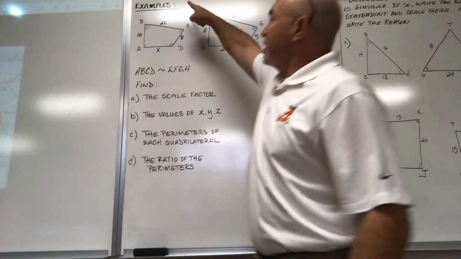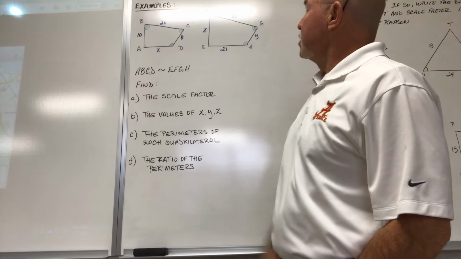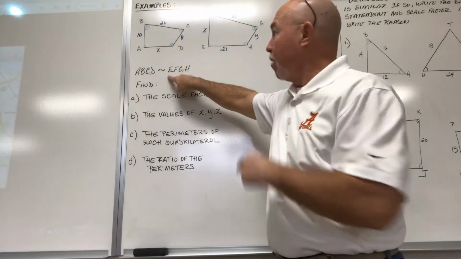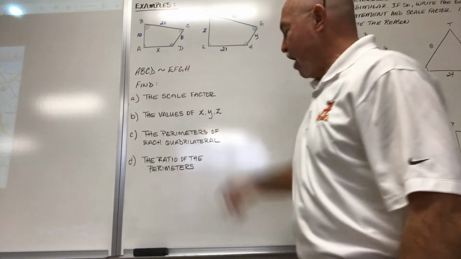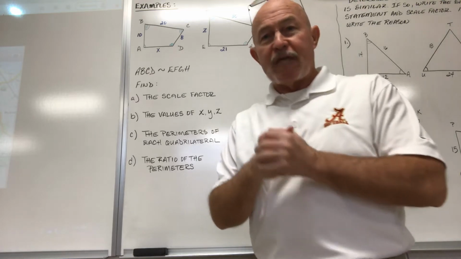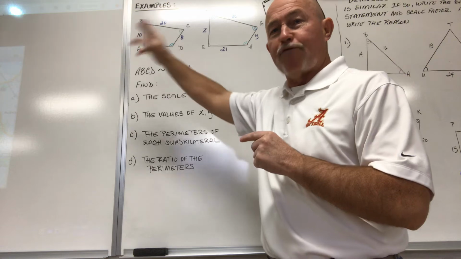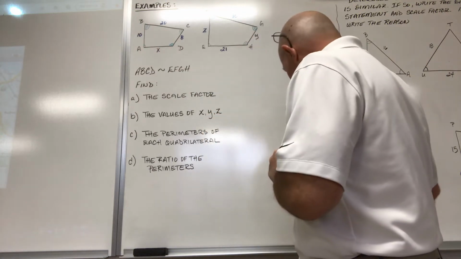It says, examples. I have one quadrilateral here and another. I am told, as part of the problem, that they are similar. So we have to find the scale factor. First thing we want to do with the scale factor is to find two corresponding sides, one from each, that both have numbers.